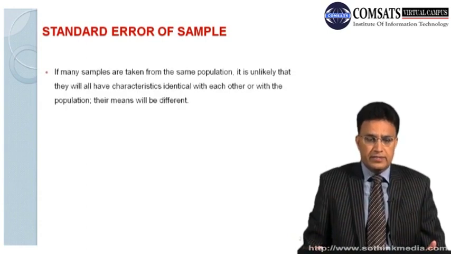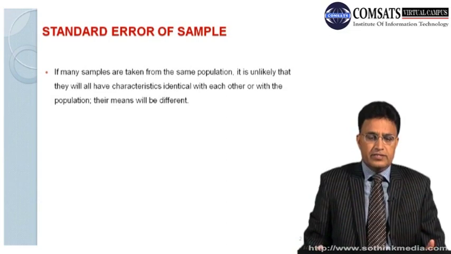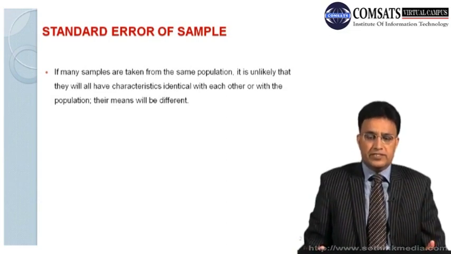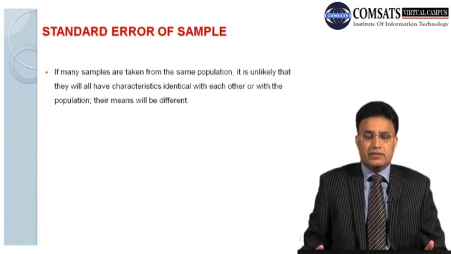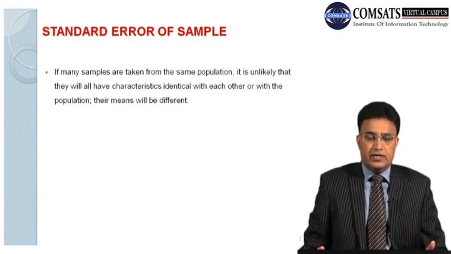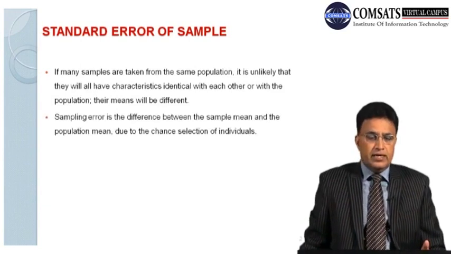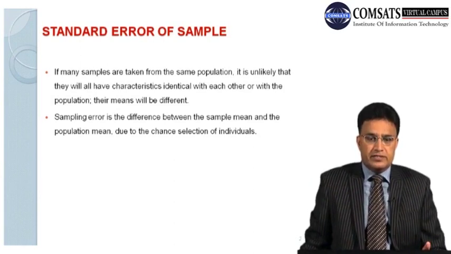So if there are many samples and they are taken from the same population, it is unlikely that they will have characteristics identical with each other or with the population. Their means will be different. Sampling error is the difference.